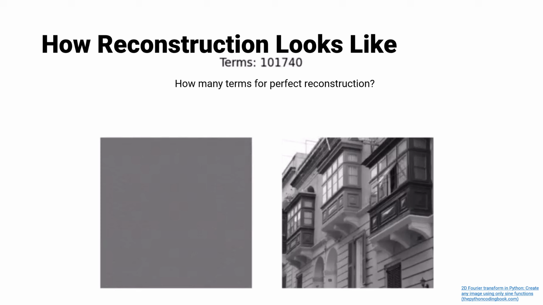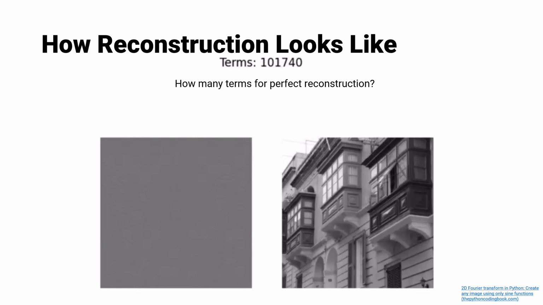Remember, we started this entire video by saying, hey, we want to take an image and break it down into some feature space, where from that feature space, we have a mathematical mapping to get the image back. And this is how the Fourier transform looks. Remember that we cheated by saying that it's a sum of sines and cosines, and with only as many sine waves and cosine waves as the number of pixels, we can fully reconstruct the image itself.